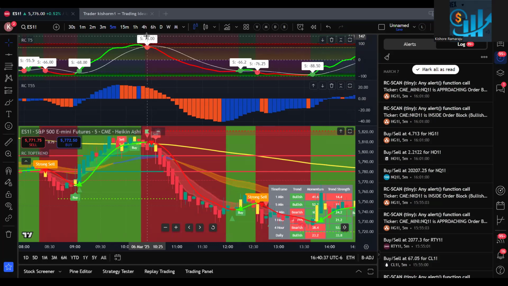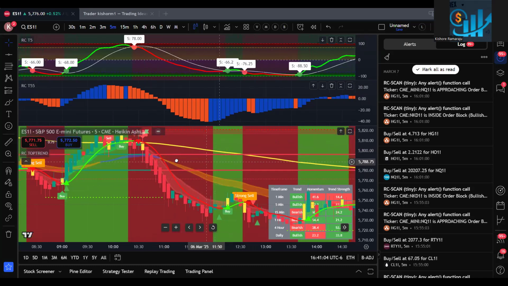Minus 70 or below is a good buy opportunity because this is an oversold opportunity. This is an overbought opportunity. So whenever you see the top trend background color is red, you get a sell signal, you also got a score of nearly plus 78, and you also have an orange candle, that is a perfect opportunity for a short.